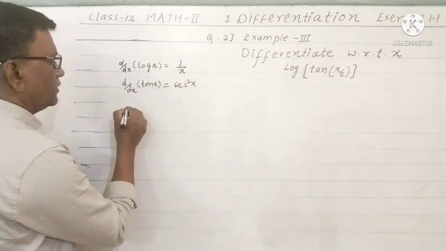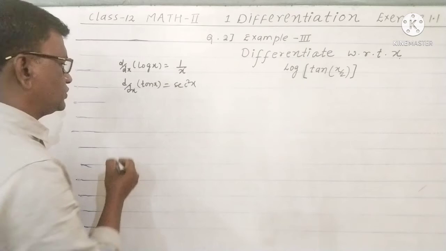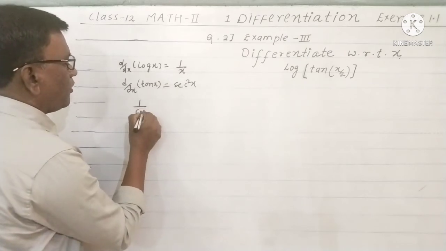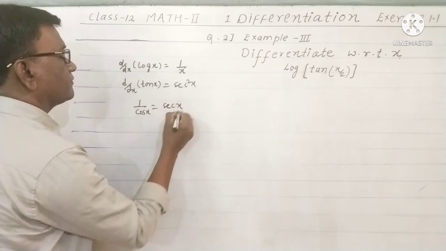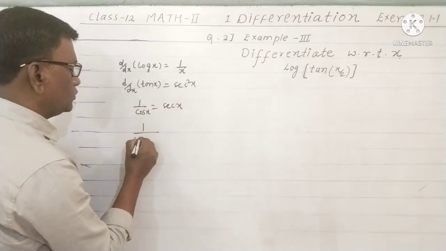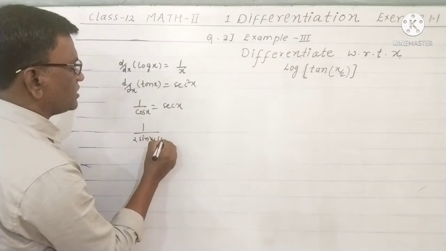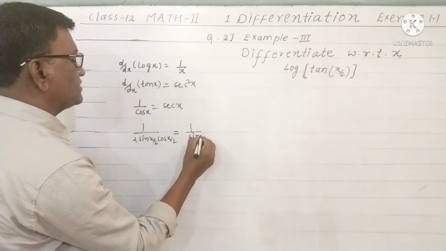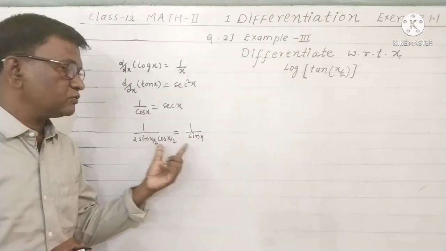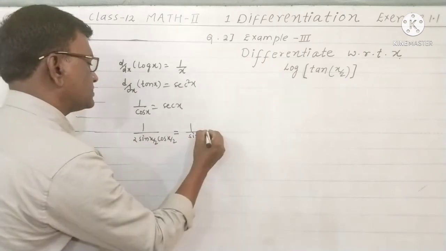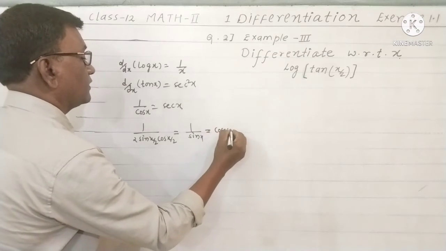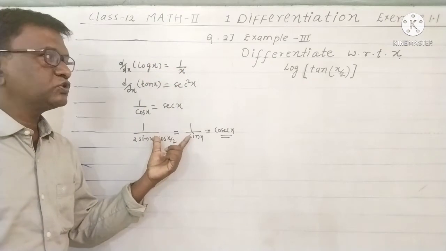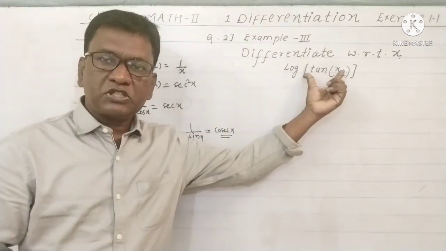Again, one trigonometric formula we have to use: 1 by cos x is equal to sec x, and 2 sin x by 2 cos of x by 2 is equal to sin x. And we can write 1 by sin x is equal to cosec x. These formulae we have to use here to solve such type of example.